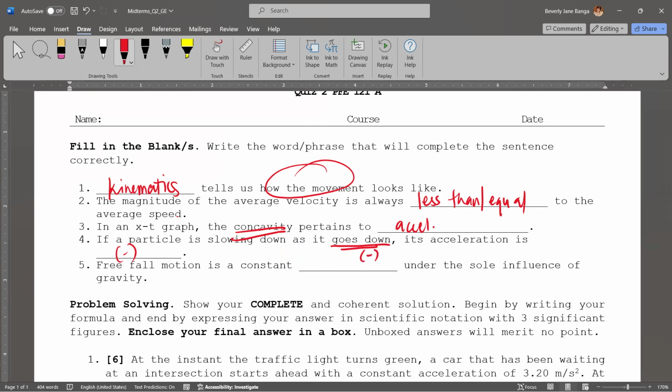Particle is slowing down as it goes down. Positive. Negative times negative is positive, so this should be positive. And then free fall is a constant acceleration.